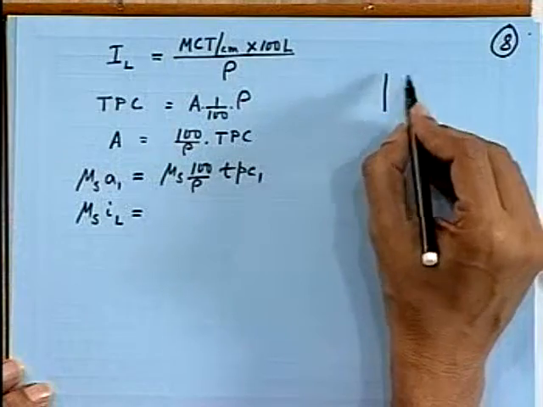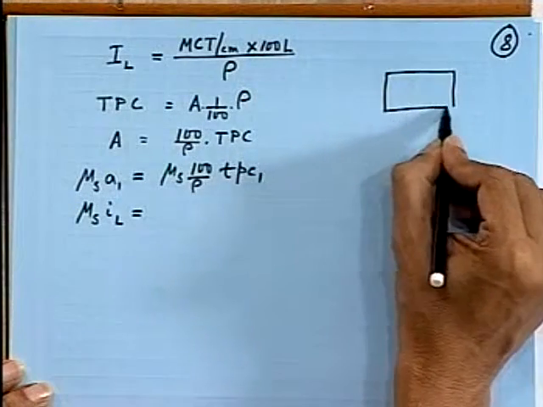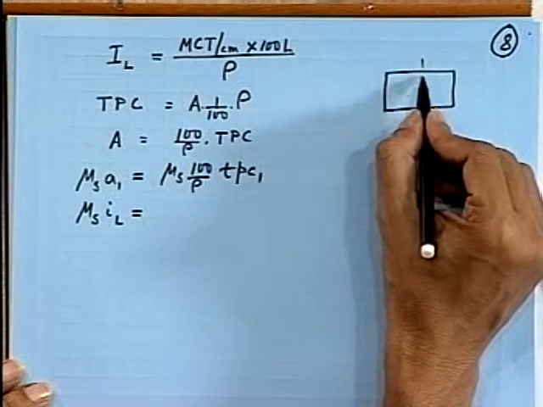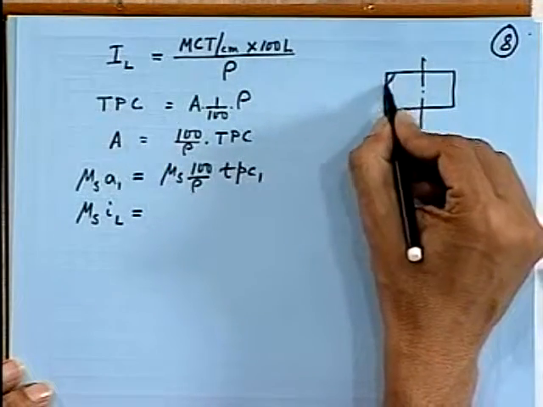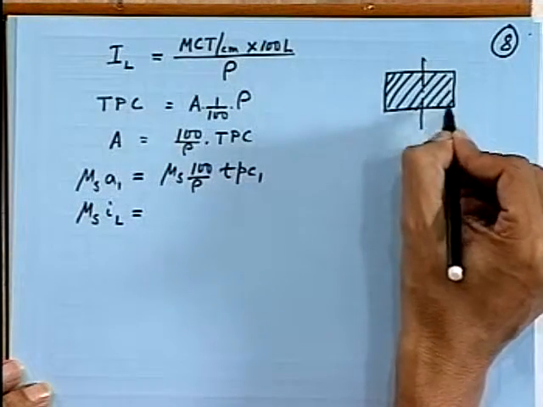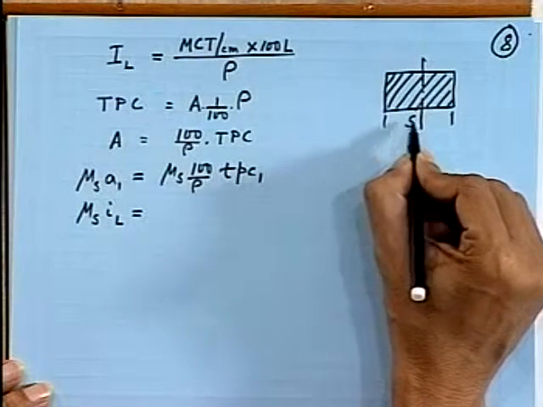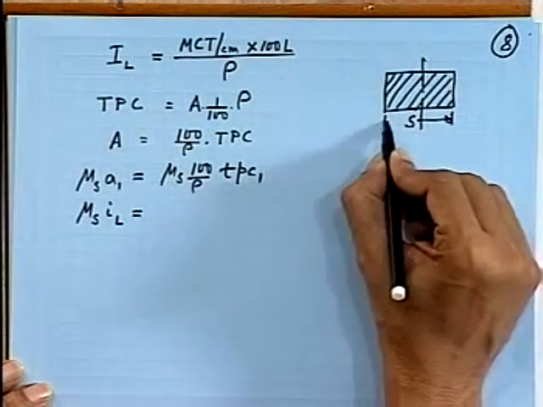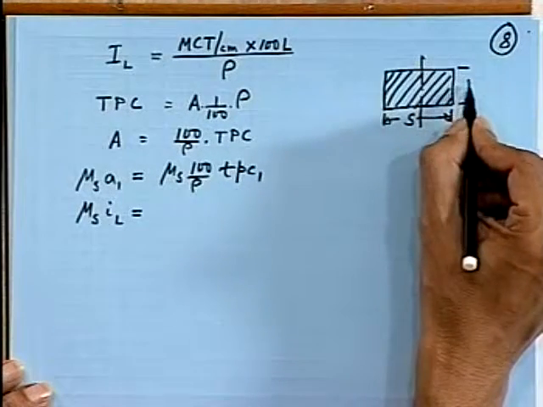Now again going back to mechanics, if we take the water plane area inside the damaged compartment to be a rectangle, say this is your rectangle, and one has to calculate the moment of inertia. So there is a simple formula. Say this is your axis. If this is your length of the compartment, you can write this as S, and this is the breadth of the compartment.